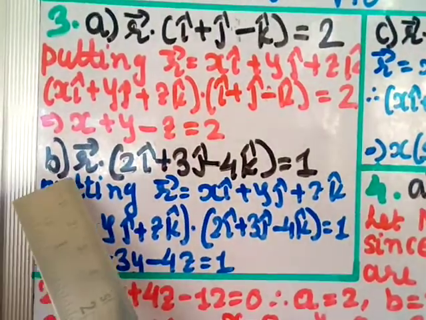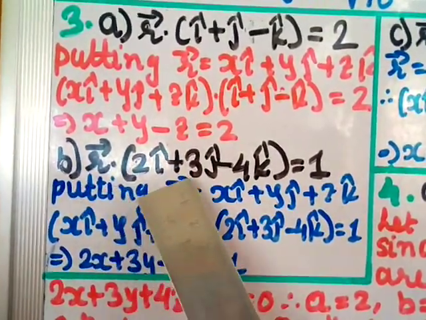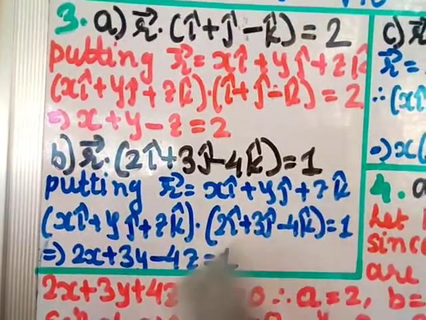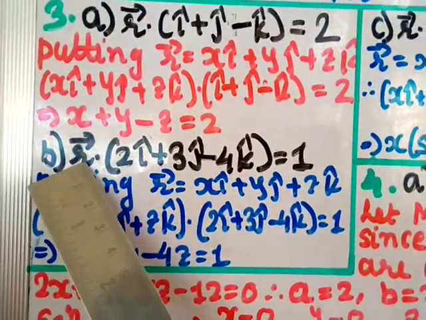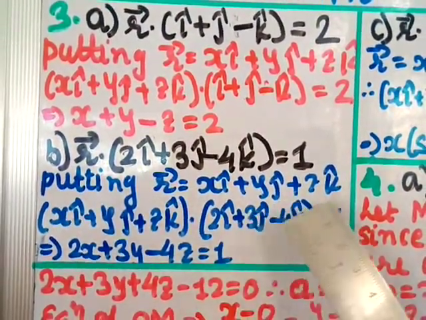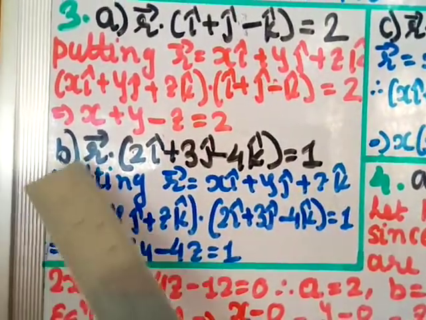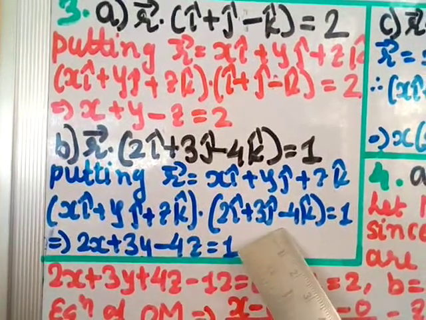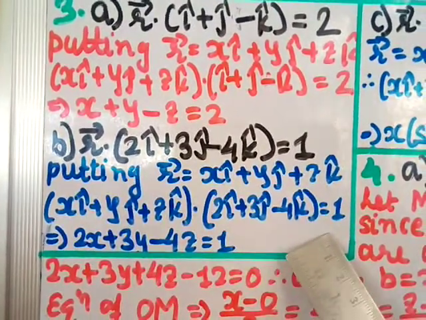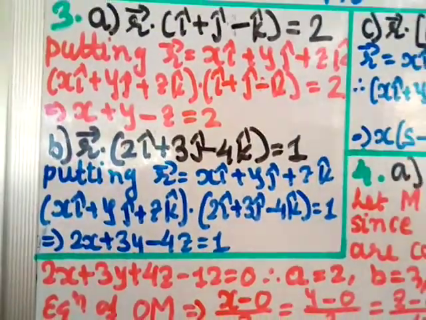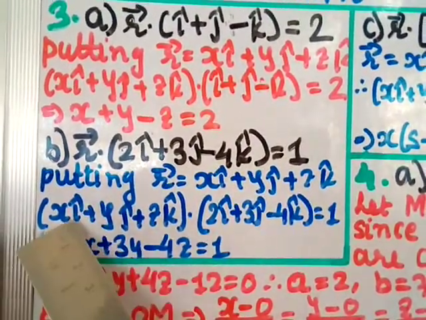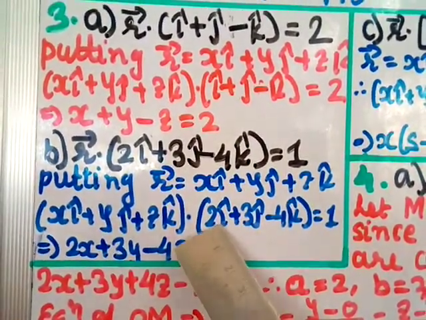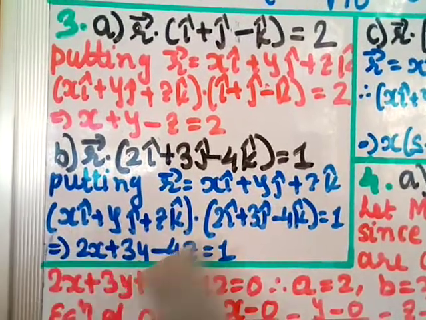Number B is vector r dot (2i cap plus 3j cap minus 4k cap) equal to 1. Again put the value of r as x i cap plus y j cap plus z k cap. So we place it here, (x i plus y j plus z k cap) dot (2i cap plus 3j cap minus 4k cap) equal to 1. Now we know how to do the dot product. So the dot product of x i cap with 2i cap is 2 into x, and i dot i is 1.